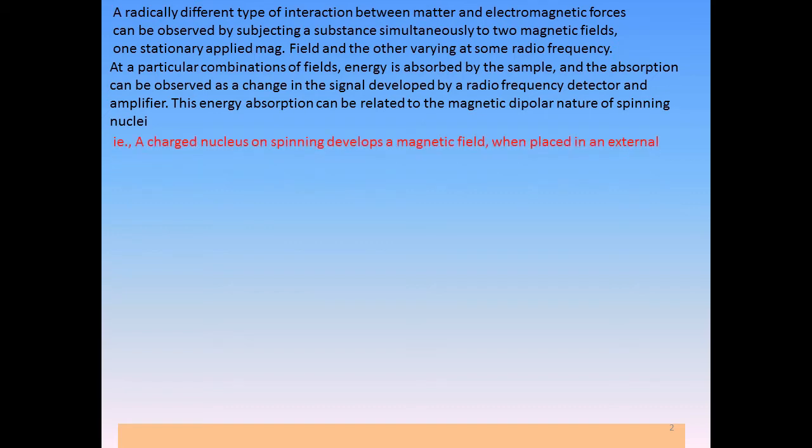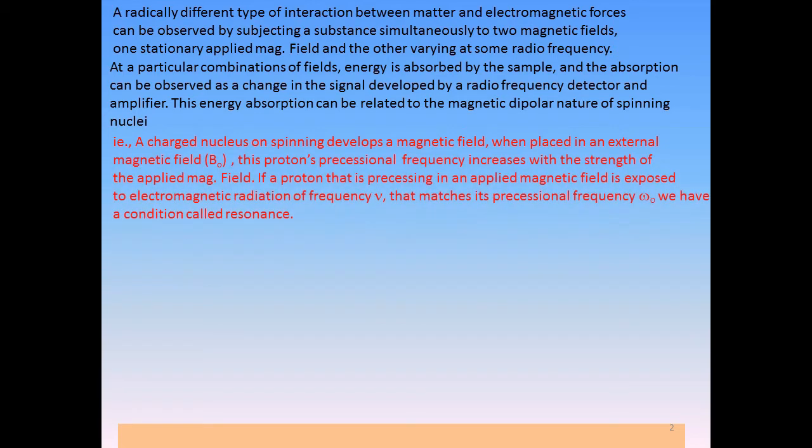In other words, a charged nucleus, say for example any proton, on spinning develops a magnetic field. When placed in an external magnetic field B0, this proton will tend to precess and develops a precessional frequency, and that frequency increases with the strength of the applied magnetic field.